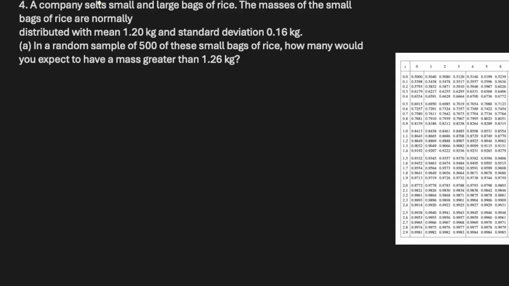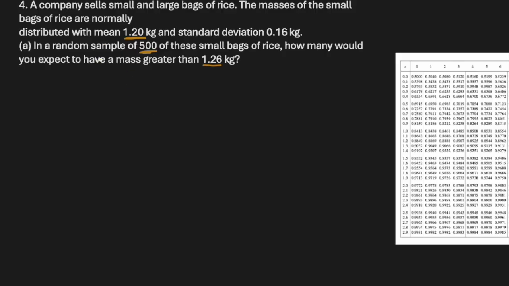Question 4. A company sells small and large bags of rice. The masses of the small bags of rice are normally distributed with mean of 1.20 kg and standard deviation of 0.16. In a random sample of 500 of these small bags of rice, how many would you expect to have mass greater than 1.26?